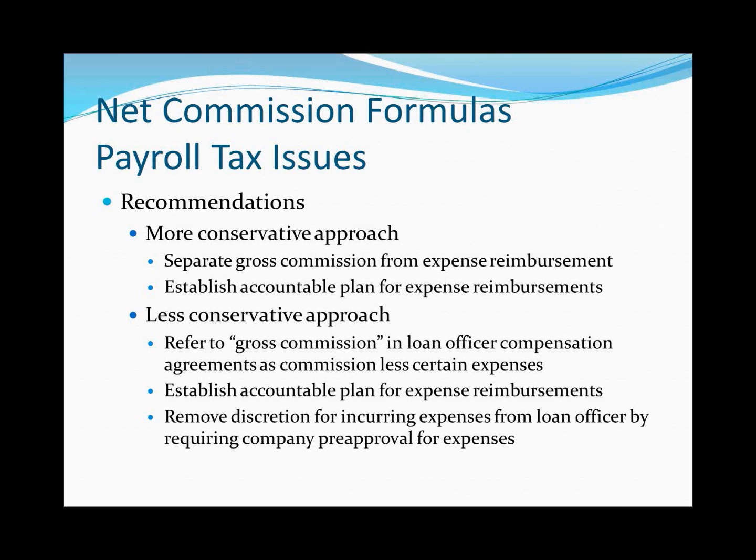Then there's an accountable expense reimbursement plan, and the compensation agreement would basically say that there are certain expenses which the company will reimburse. So that's obviously very conservative, because in that case you have completely separated the commission formula from the expense reimbursement, and so that shouldn't present any issues under these rules.